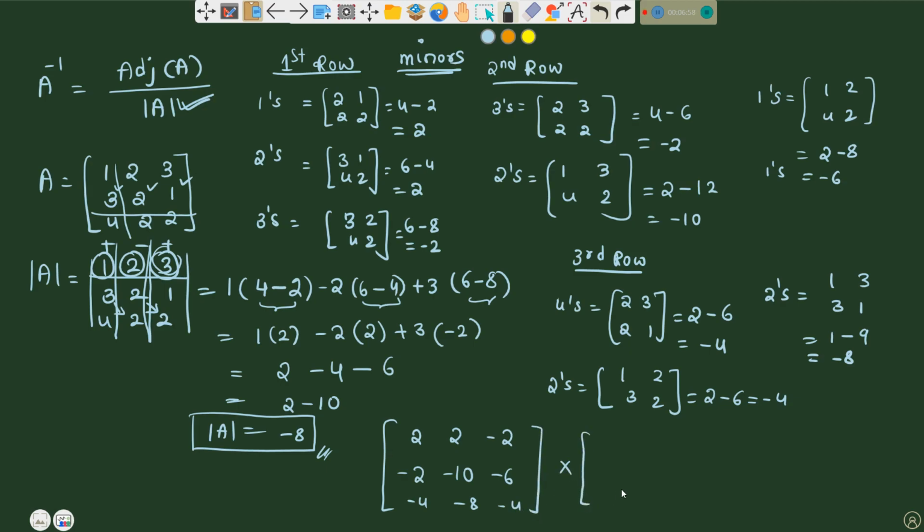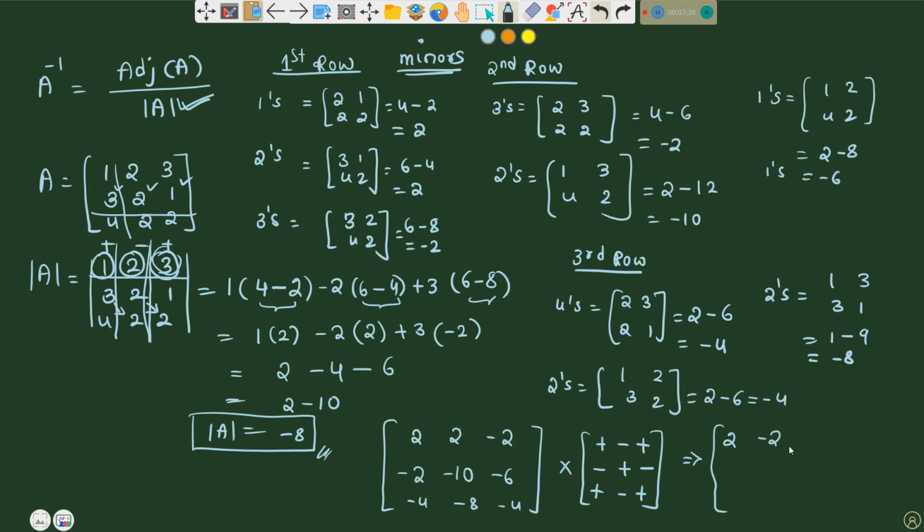In order to find the cofactor, you have to multiply with the signs: plus minus plus here, also next minus plus minus, plus minus plus. If you multiply, you will get what? Plus only, right? Plus, this will be minus 2. 2 into minus, minus 2.